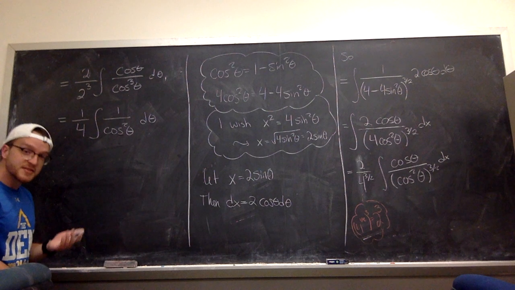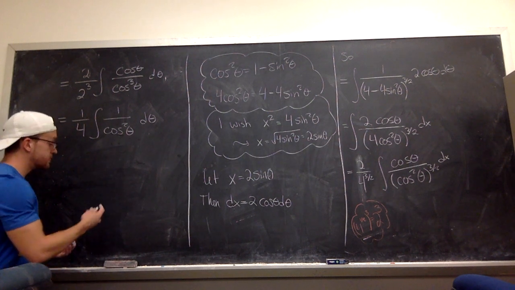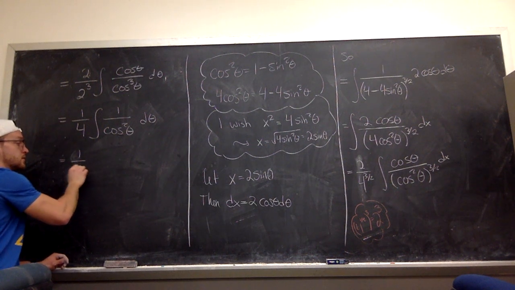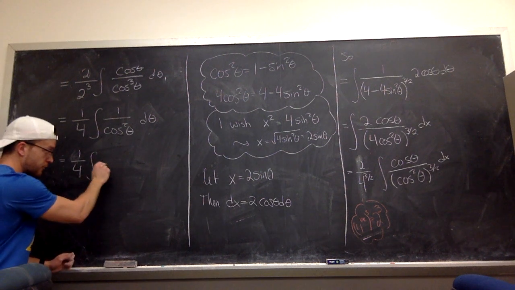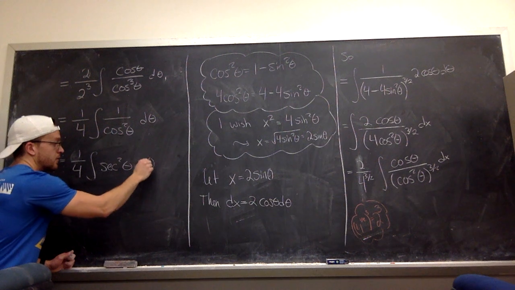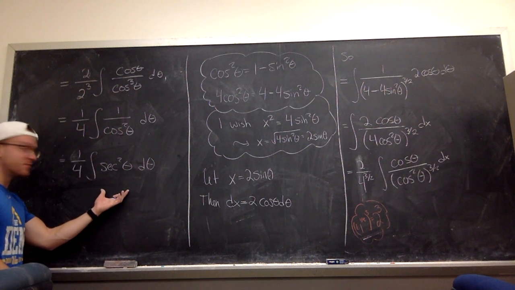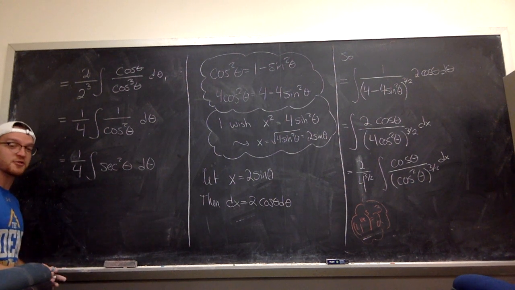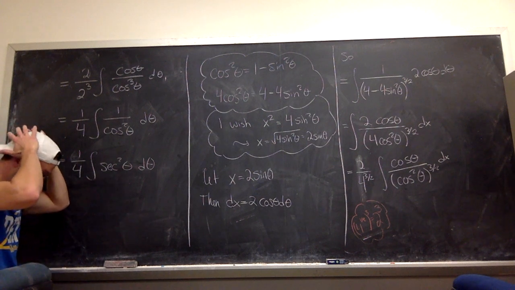That's exactly secant squared. 1 over cosine is secant, right? So the integrand, when we rewrite it in terms of secant, is secant squared. And then the idea is if you know your trig derivatives pretty well, it should stand out as something that we can easily do, because what's the derivative of tangent? It's secant squared.